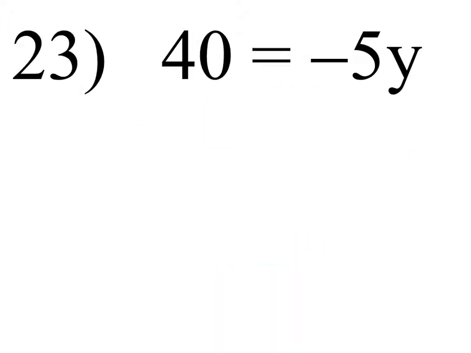All right, here's 23. 40 equals negative 5 times y. Now what we really want on this, like the inverse operations, right? We want this to be 1y equals something. Doesn't matter what that is. So how do I make a negative 5 a 1?